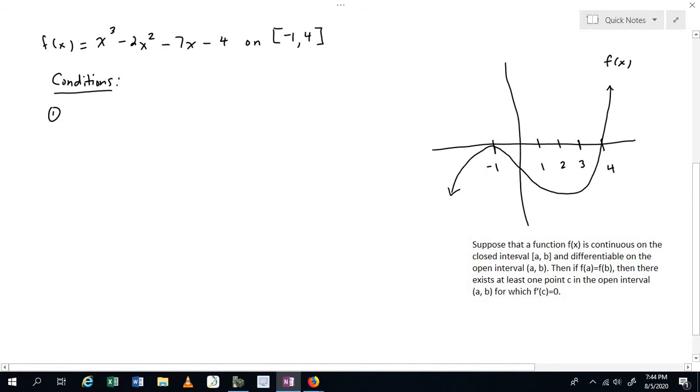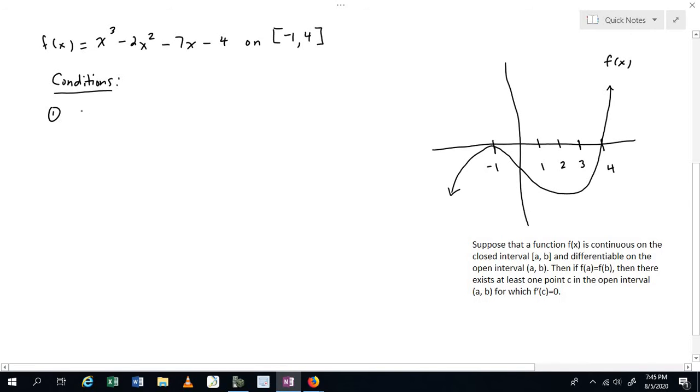All right, the first condition is the function must be continuous on the closed interval. So in this case, we have to check that this function here is continuous on the closed interval from -1 to 4. But that's an easy argument. Polynomials are continuous everywhere from -infinity to infinity. So this of course is a polynomial, and since it's a polynomial, it's going to be continuous on any interval, namely this one from -1 to 4.